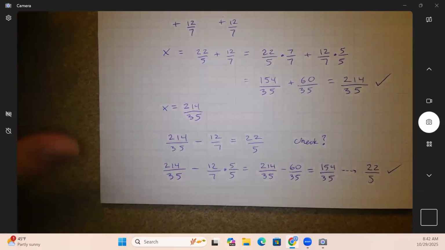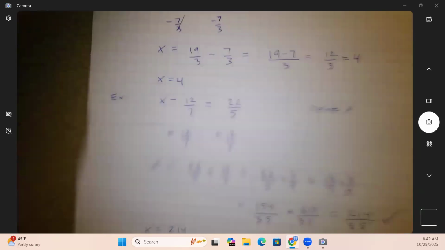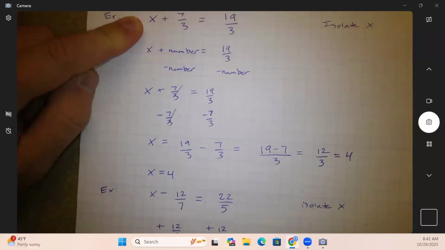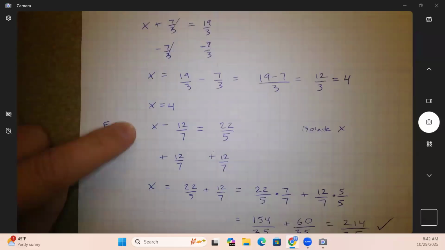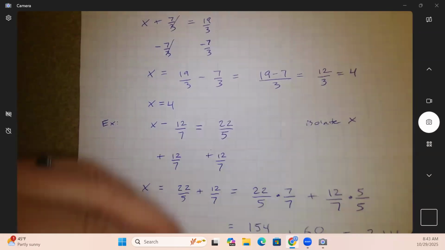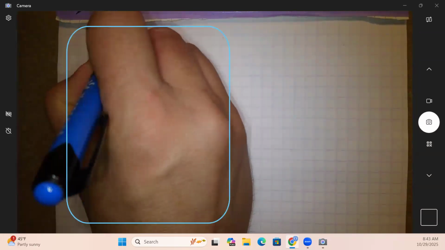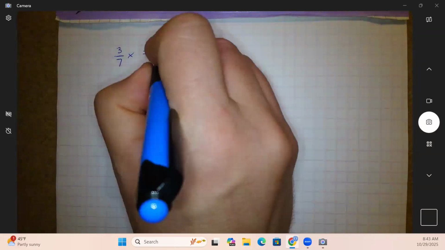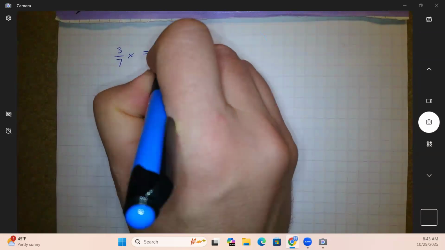Okay, so we have done one-step equations involving fractions, x plus 7/3 and x minus 12/7, and those involved addition or subtraction. So now let's do one-step equations that involve multiplication or division. 3/7 x equals 19 over 2.